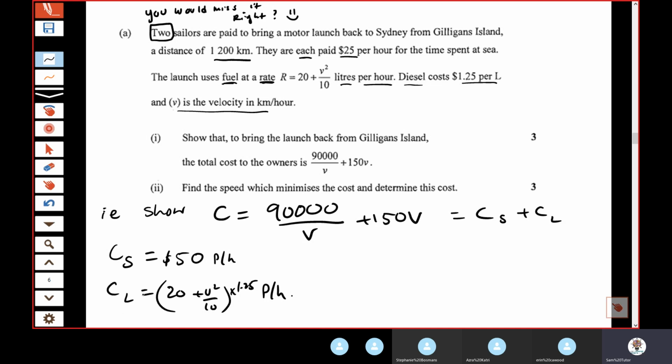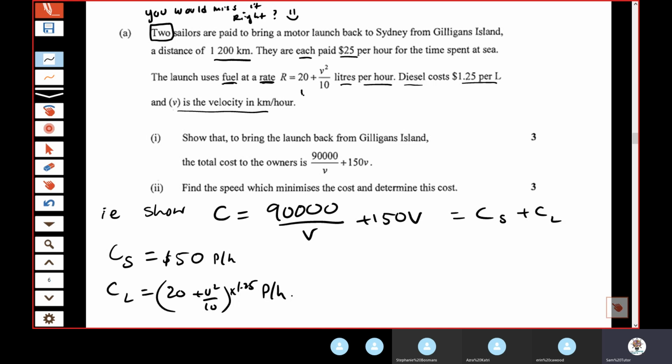The cost per hour for the launch is 20 plus V squared on 10 liters per hour, and it costs $1.25 per liter. So in total, it's going to be 20 plus V squared on 10 times $1.25 per hour. Yeah, that's right.